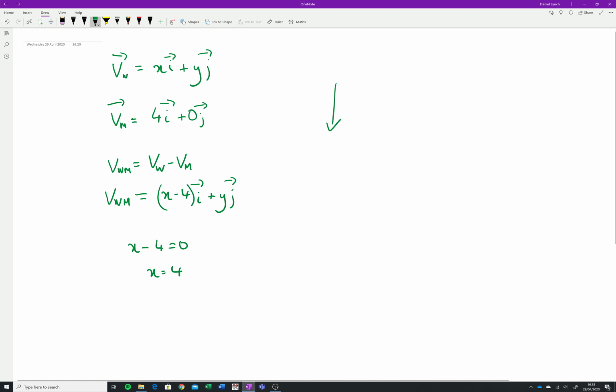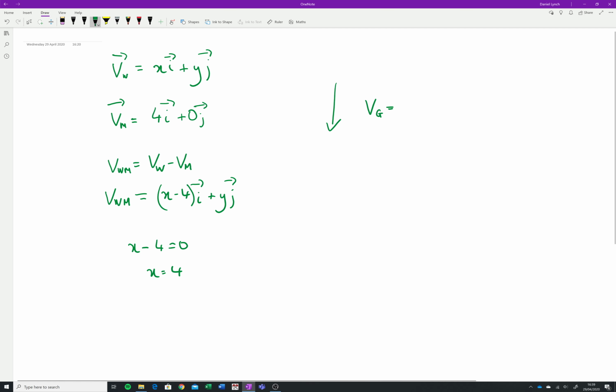Next we have a woman. Oh god, okay, so we're going to have to call that VG because that could get really tricky to understand. What's she doing? She is walking south at 1 meter per second.